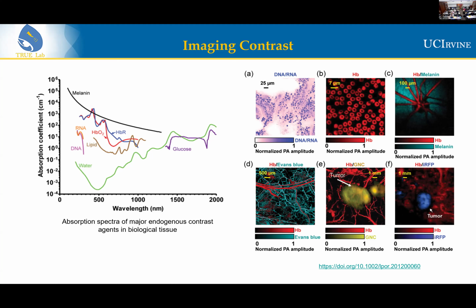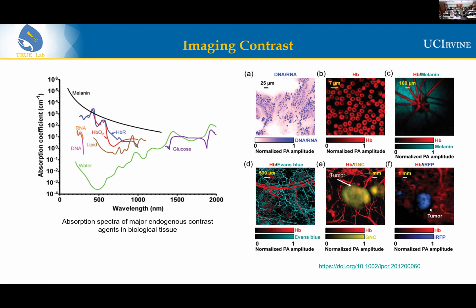Any idea? You can have a guess. That is a retina image. The red color is the blood vessels, hemoglobin, and the dark area is melanin.